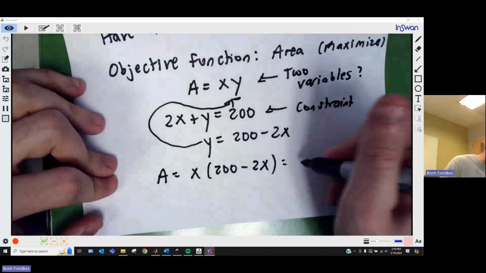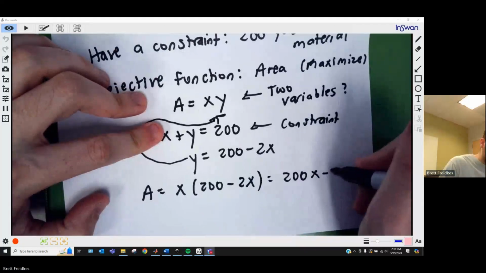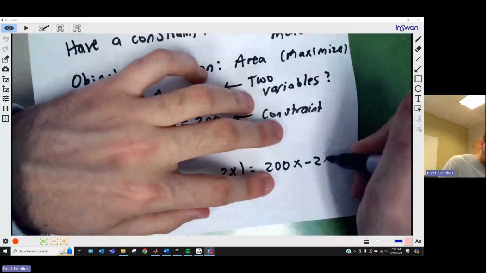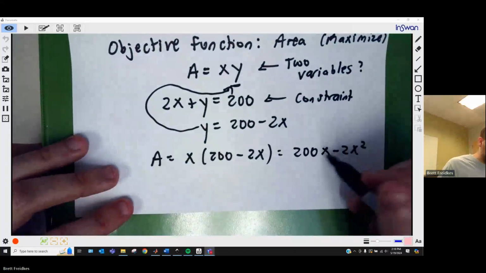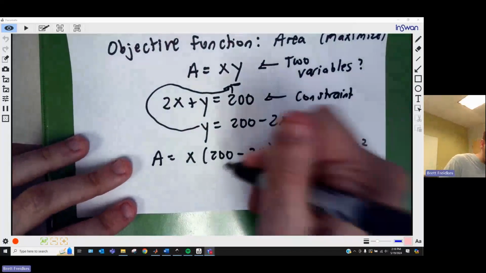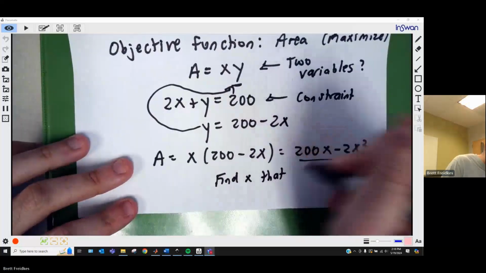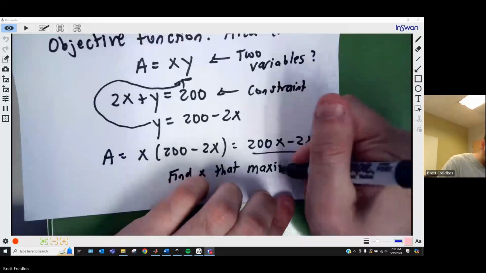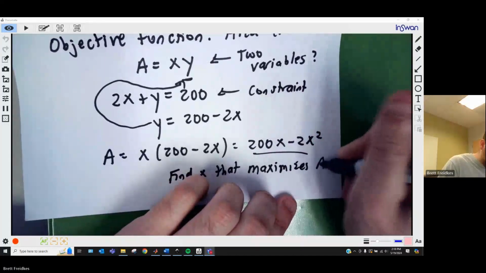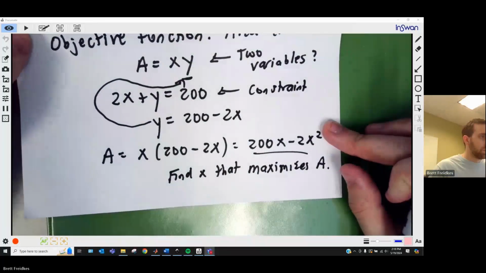If we distribute that, we get 200x minus 2x squared. And this is the thing we want to maximize. So find x that maximizes A. Sorry for my poor handwriting with the marker.